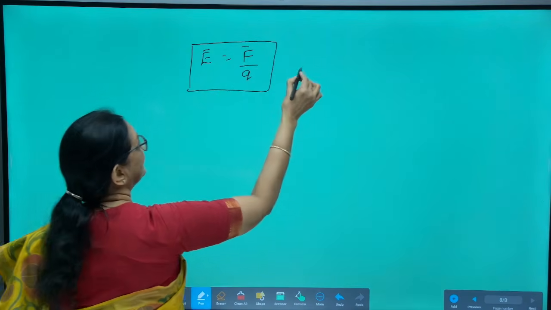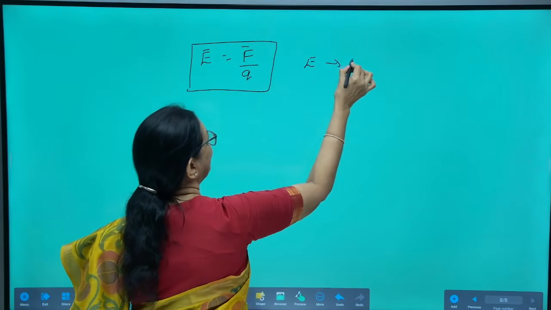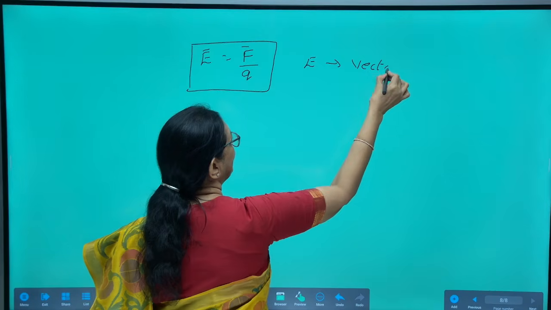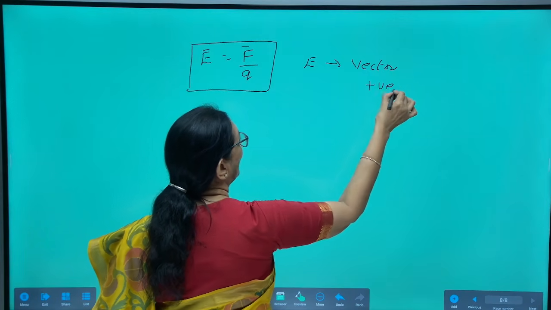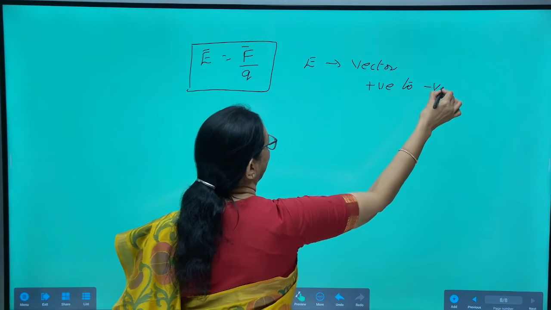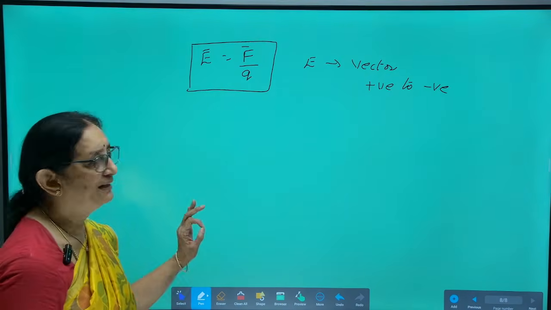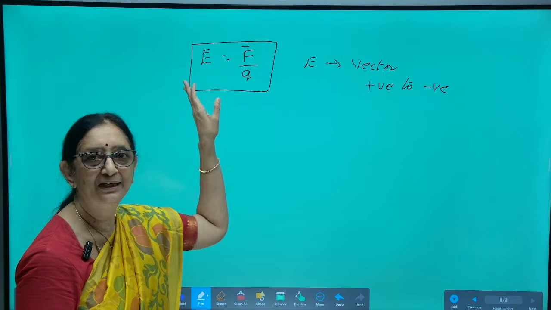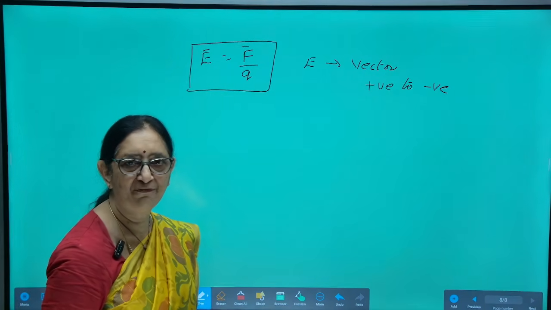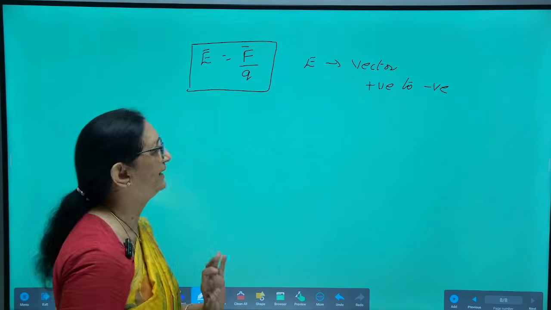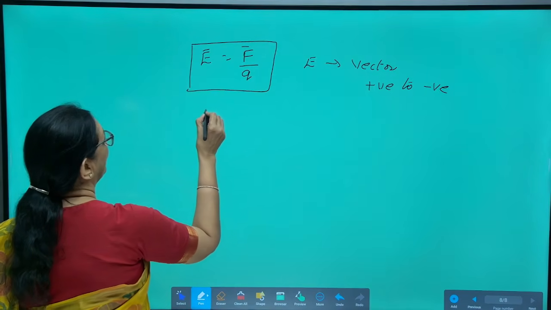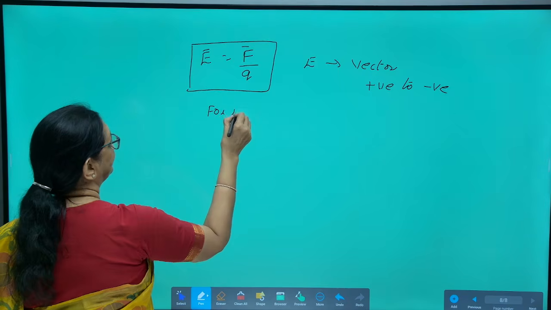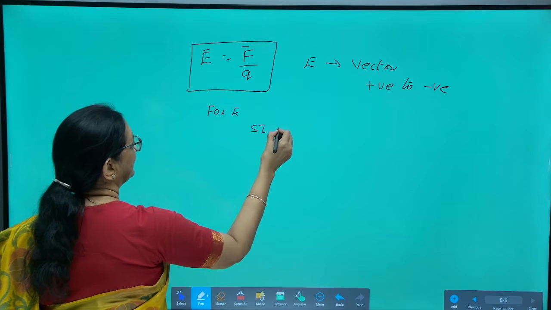Electric field intensity is a vector. It is directed from positive to negative. Now, let us try to write units and dimensional formula for electric field intensity. So, for E, SI unit.